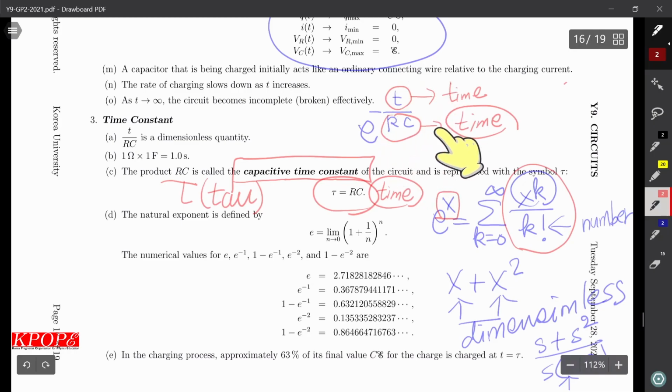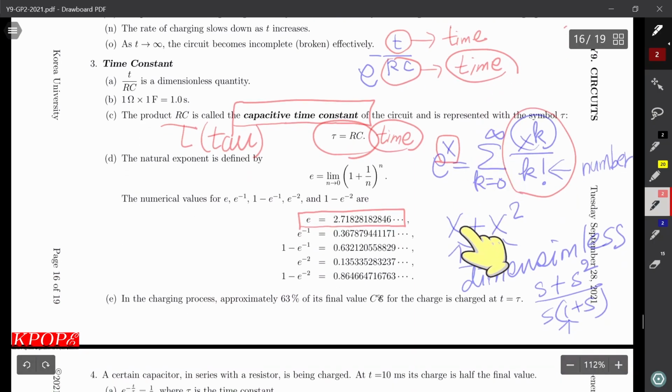This is the argument of an exponential function, and the exponential function has special values. E, Euler's number, is defined by the limit of this expression as n goes to infinity.